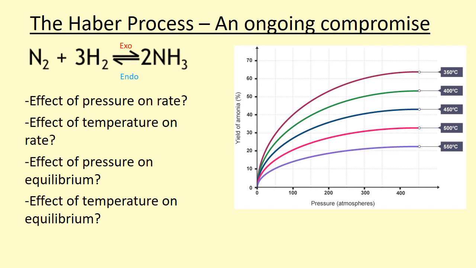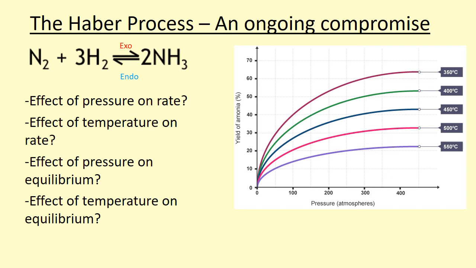But this is a reversible reaction, and so the impact on equilibrium is really important. If we look at pressure first, increased pressure favours the side with fewer moles. In this reaction, on the left hand side, we've got 1 mole of nitrogen and 3 moles of hydrogen.